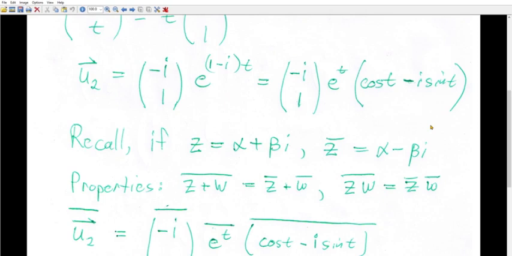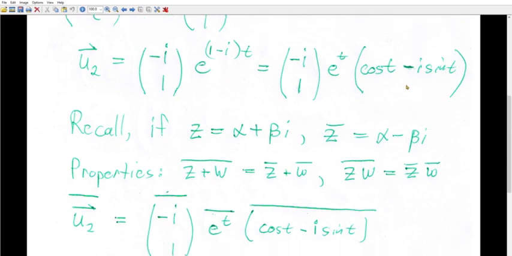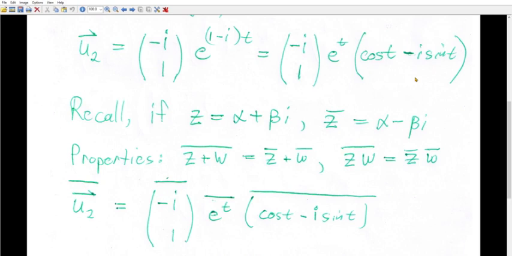Now, look carefully. This should look sort of familiar, okay, as should this. The original problem where we had u1, our eigenvector was (i, 1), and this was cosine t plus i sine t. These are conjugates.